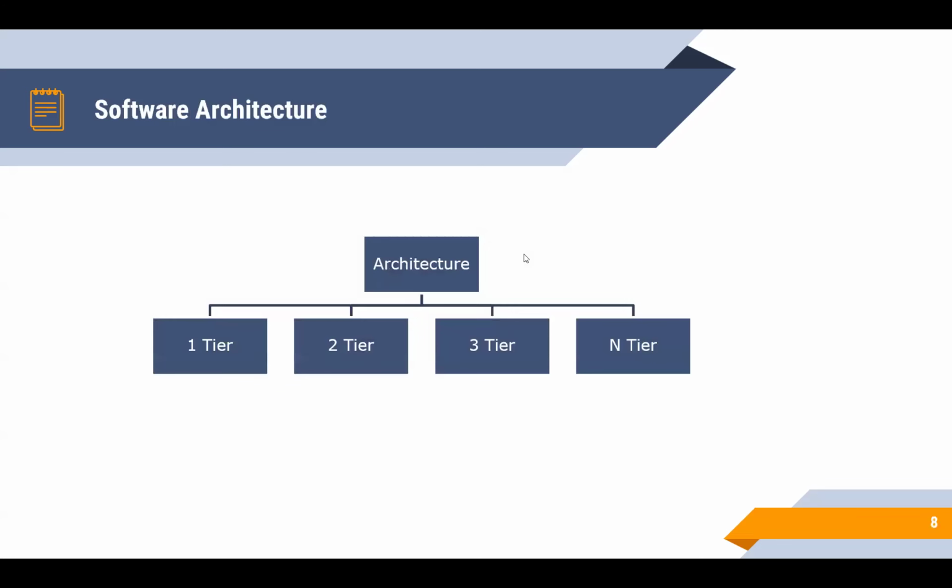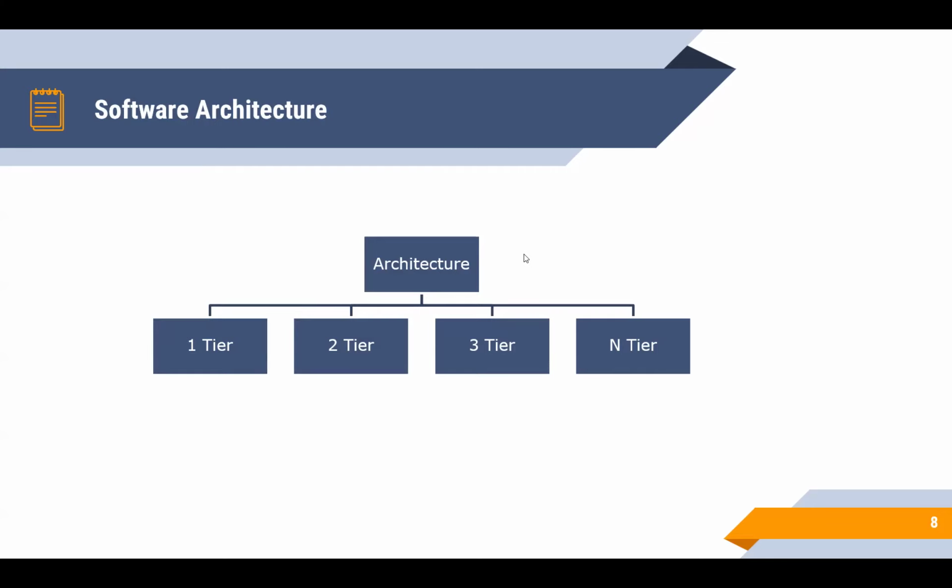So when we are talking about the architecture of any software, I think you already heard about one tier architecture, two tier architecture, three tier architecture, and n tier architecture. What is the meaning of this terminology in software development?